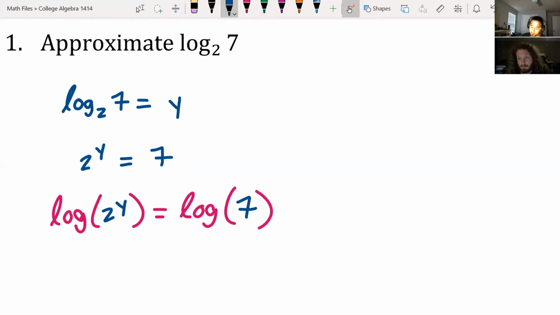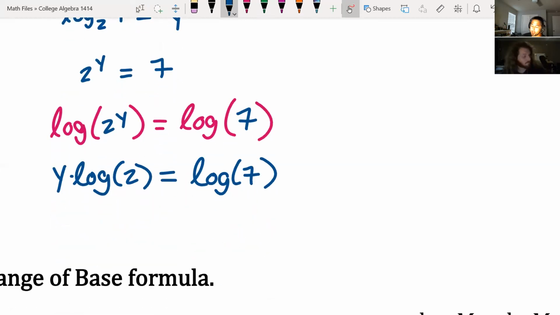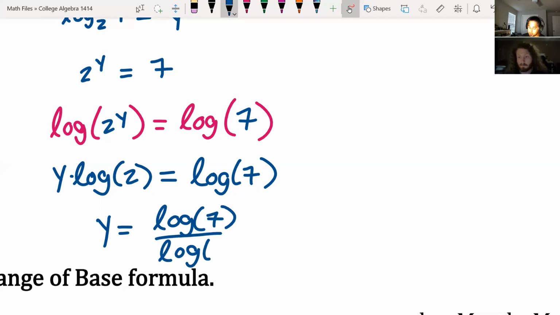So we will end up with y times the log of 2 equal to the log of 7. And now, in order to solve for y, you'll divide by the log of 2, and y is going to equal log 7 over log 2.